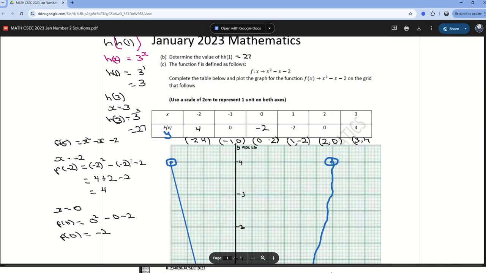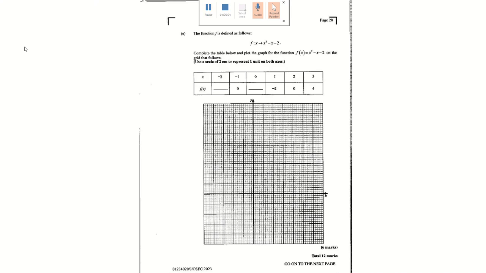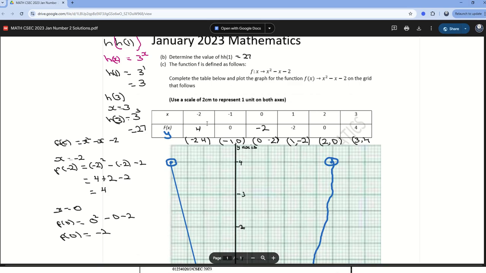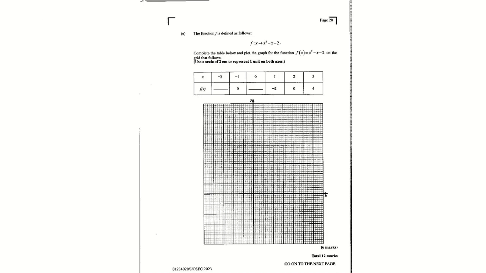Is that it? So, are we good so far, guys? Everybody good? Alright, I'm going to get my next solution. Right, then we're going to look at May, June 20.